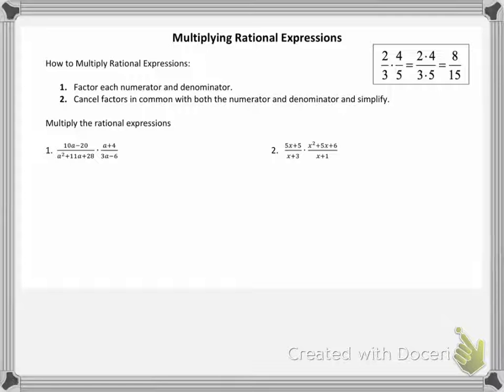With these fractions that have polynomial expressions, we're not going to necessarily multiply all the terms together as big polynomials. We're not going to have these crazy answers that have x squareds and x cubes and all these different terms, because that's going to make it very hard for us to cancel things out.